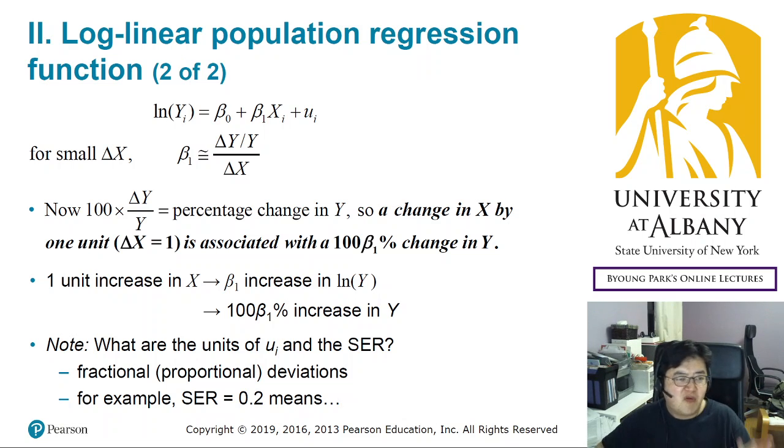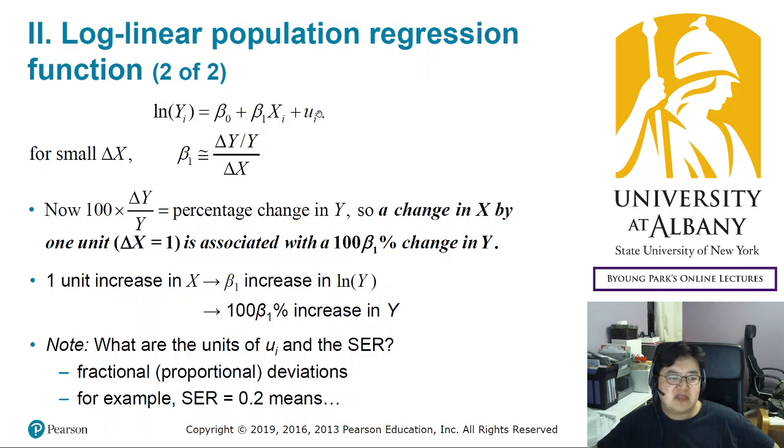So therefore, from now on, the change in y is interpreted in terms of the percentage concept, 100 times percentage. Then the problem is that this unit also affects the error term.